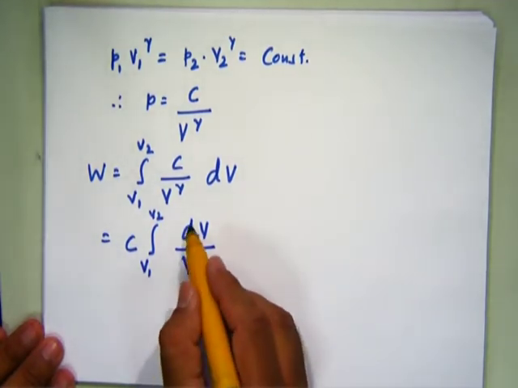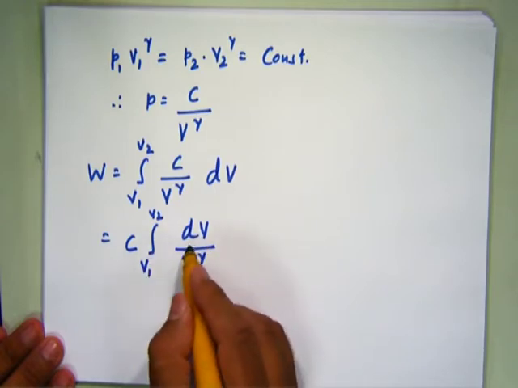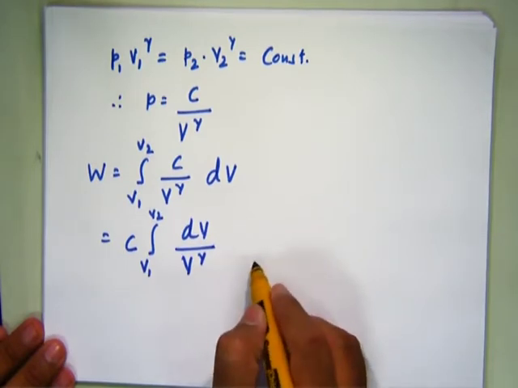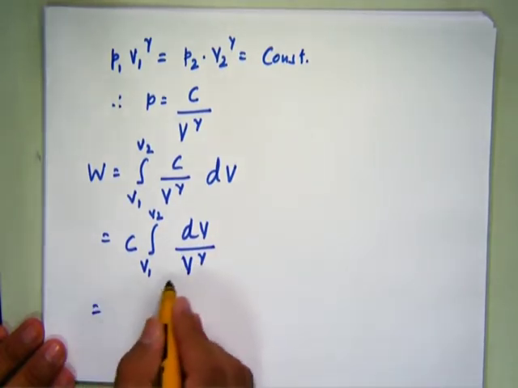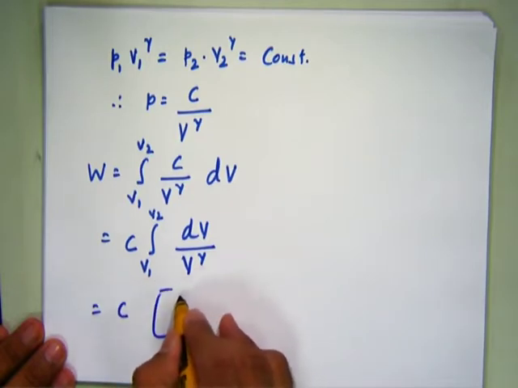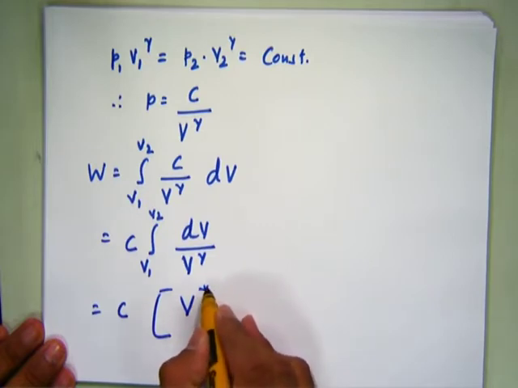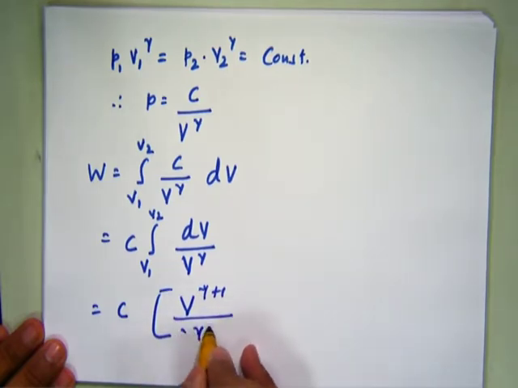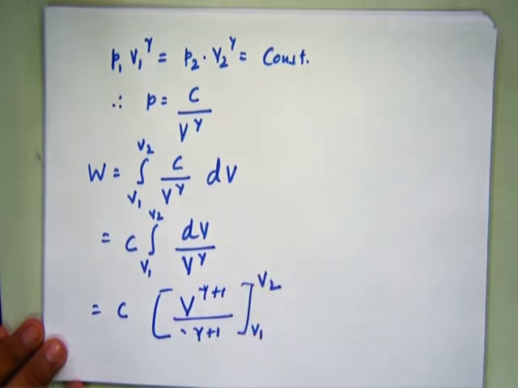So integral of 1 by x raised to y dx gives you x raised to minus y plus 1 upon minus y plus 1. That means here 1 upon V raised to gamma is equal to C, V raised to minus gamma plus 1 upon minus gamma plus 1, running from V1 to V2.